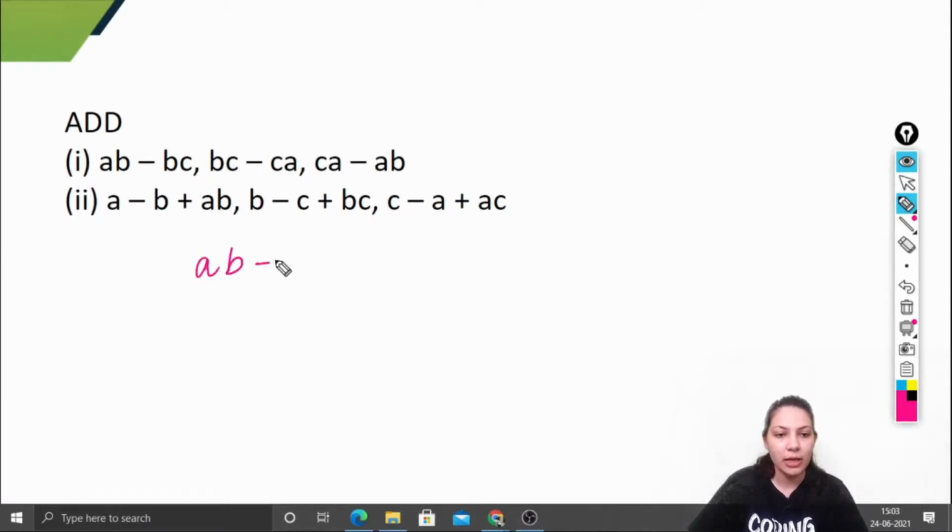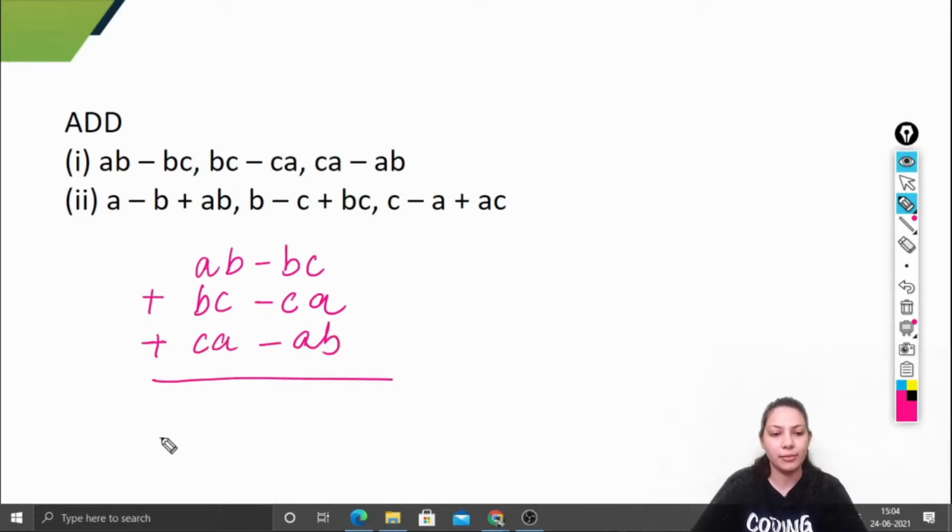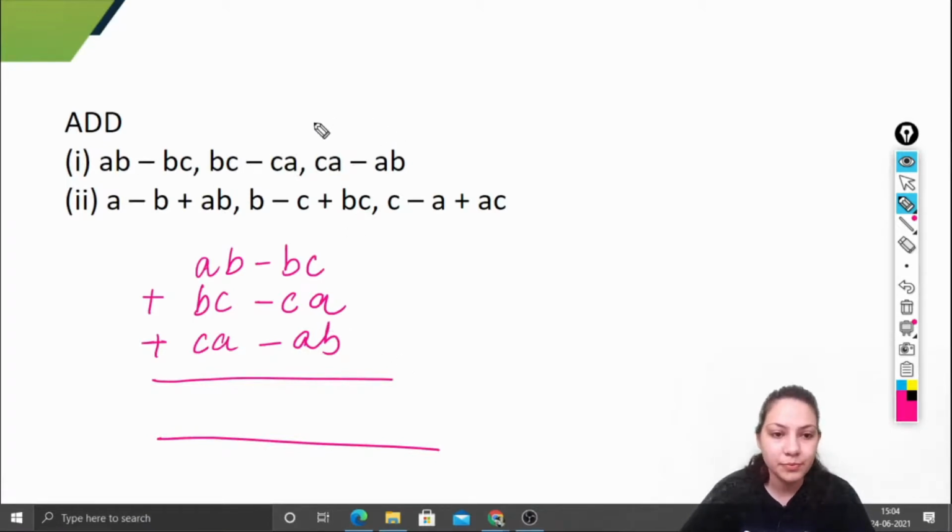So AB minus BC plus BC minus CA plus CA minus AB. We have to add these three terms. So what we have to do is basically we have to find out the like terms and arrange it such that.